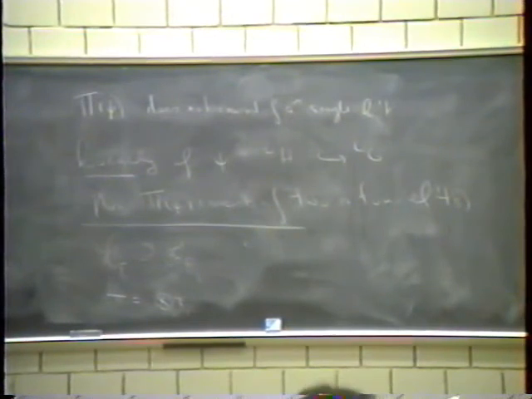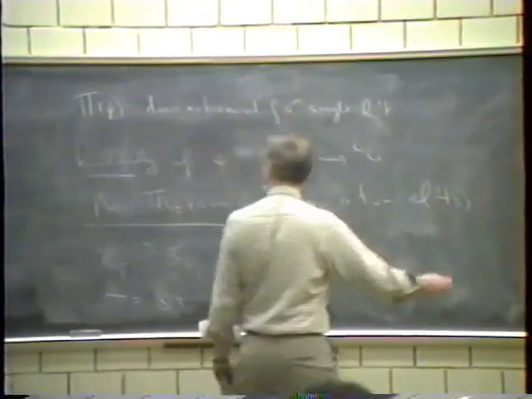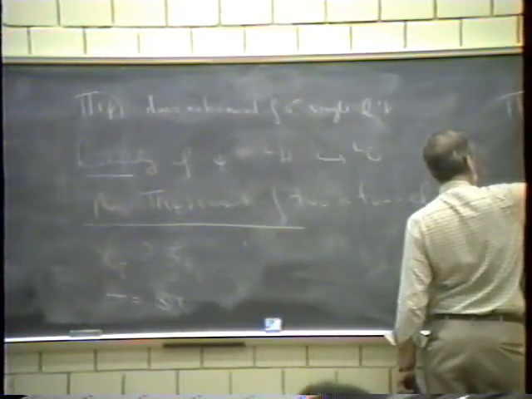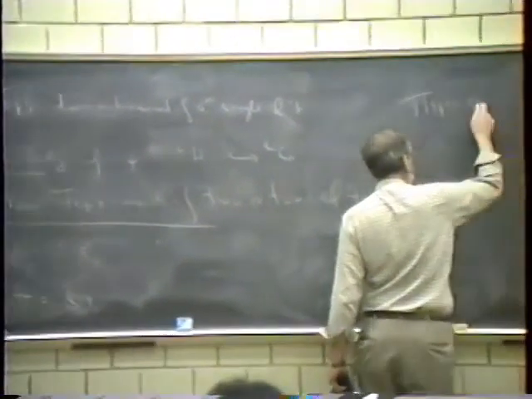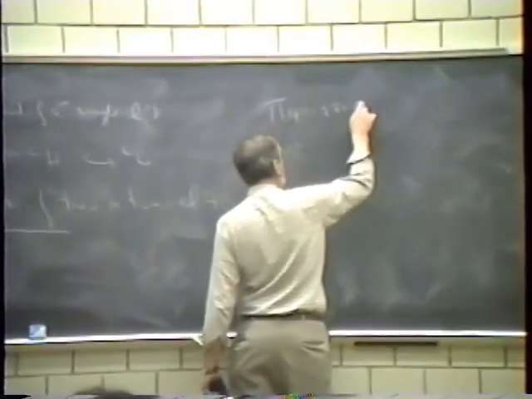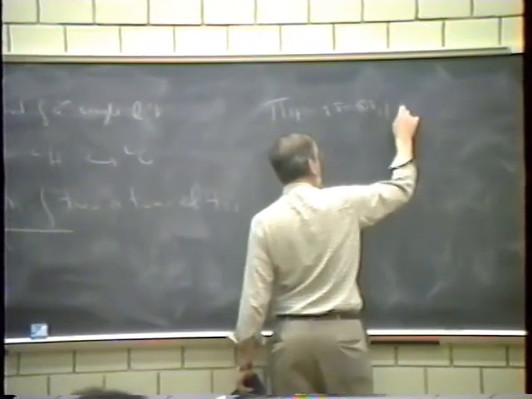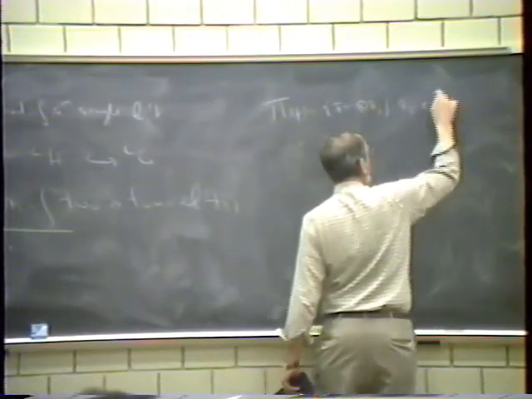Now, how does this set pi sub psi look? Pi sub psi will be a collection of pi, and they'll all be tensor products, and pi sub v will belong to the corresponding local thing.